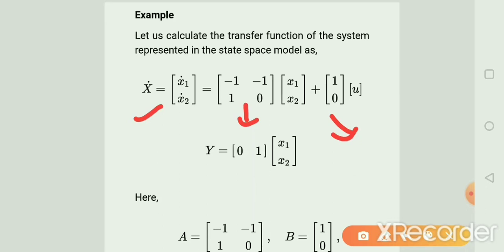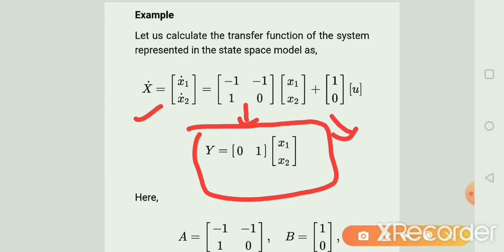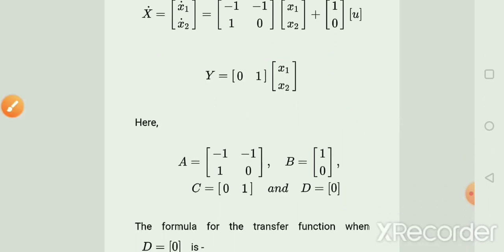Here x is x1 and x2 in matrix form, and y equals Cx plus Du, where the value of D equals 0. So at first we write the matrix values. The A value is -1 -1 1 and 0, the B value is 1 over 0, the C value is 0 1, and the D value is 0, because there is no element for D.